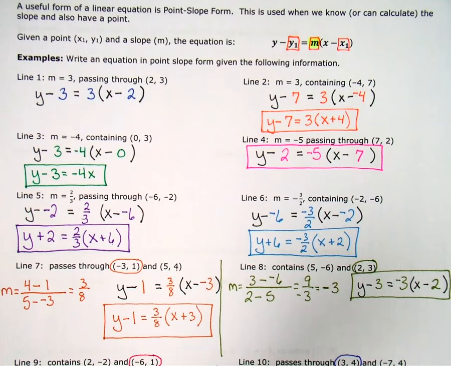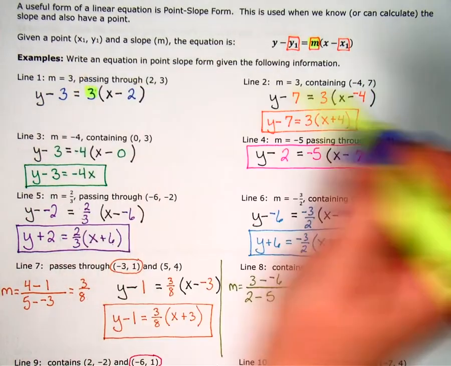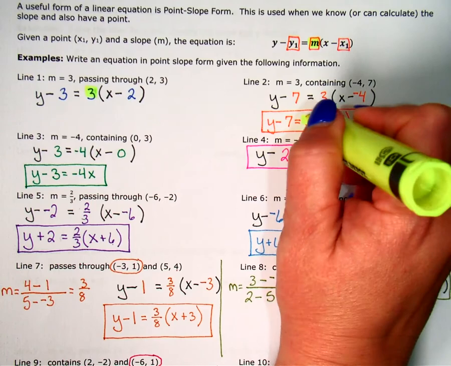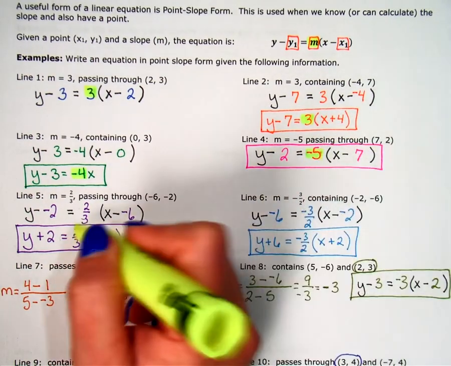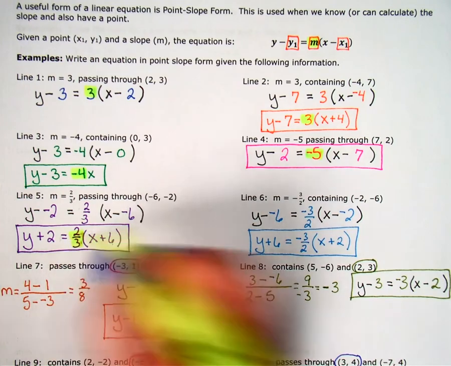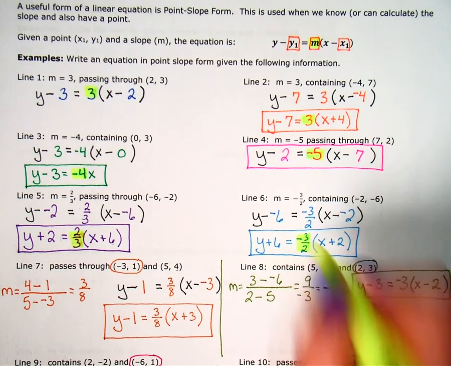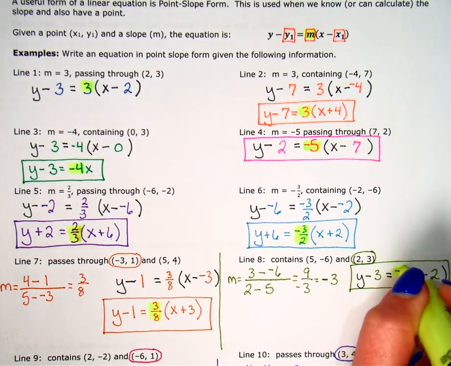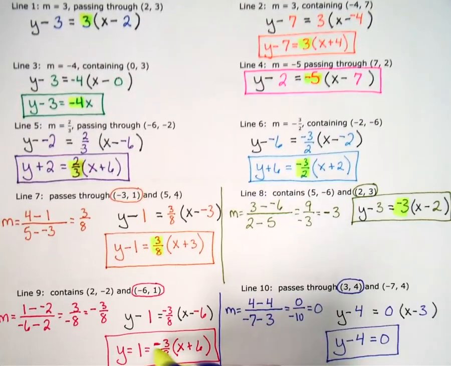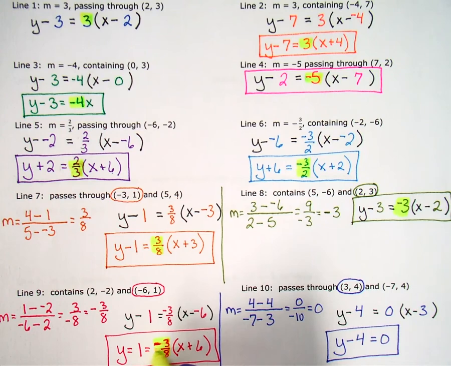So here I've got a 3. Oh, look, here's another 3. Here's a -4, a -5, a 2/3, a -3/2, a 3/8, a -3, and a -3/8, and a 0. Okay, those are all my slopes.